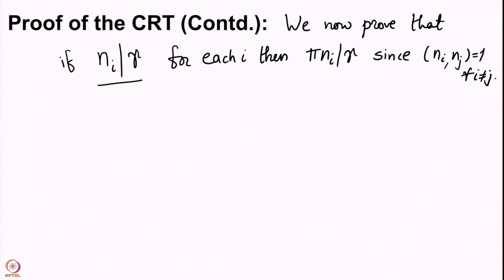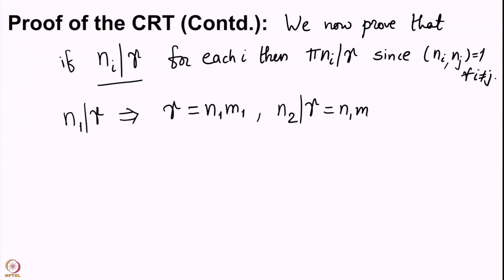Okay. So, this tells us that first of all you have n1 dividing gamma, and therefore gamma can be written as N1 into, let us say, M1. Once you have written gamma as N1 M1, we consider the case that N2 divides gamma. Once you have N2 dividing gamma, gamma is N1 M1.